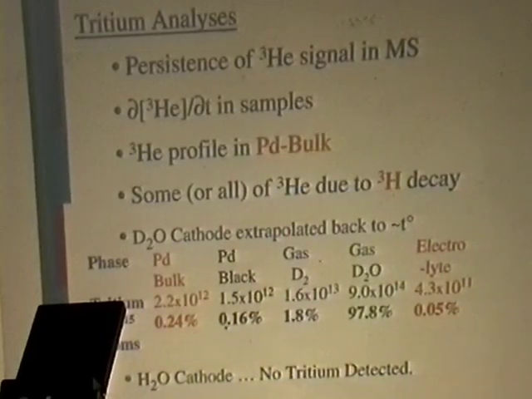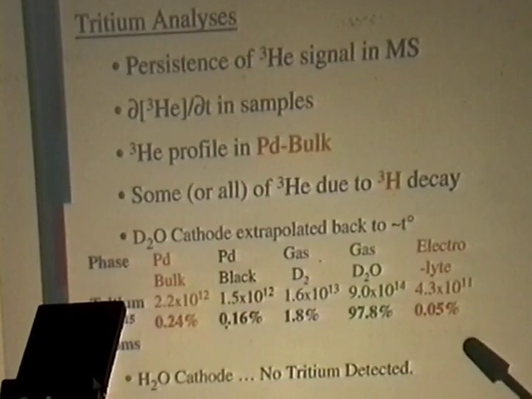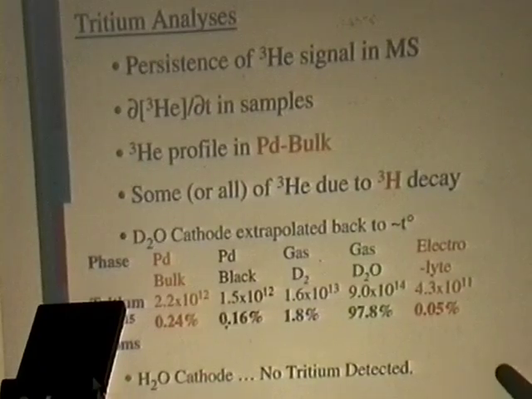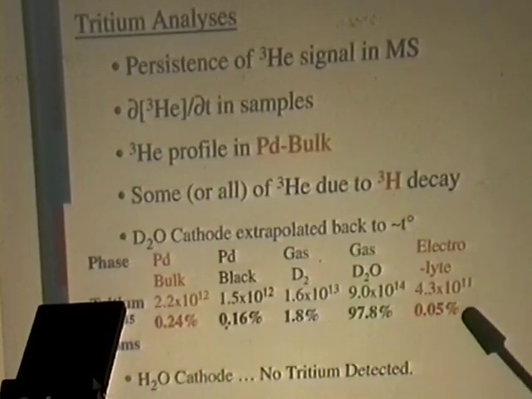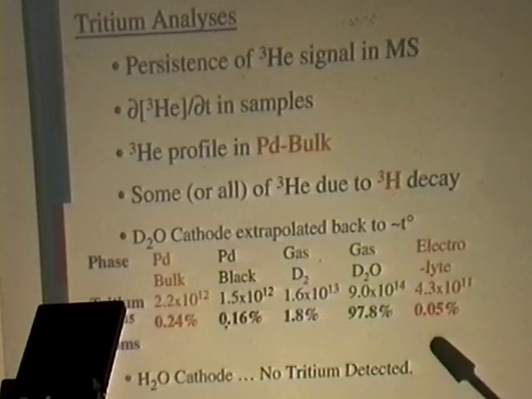We find that all of them contain tritium, including the electrolyte, which for us is quite a shock because we have done more than 500 analyses, perhaps as many as 1,000 analyses of electrolytes for tritium, and in none of them have we ever observed tritium. This is the first time we observed tritium in our electrolytes.